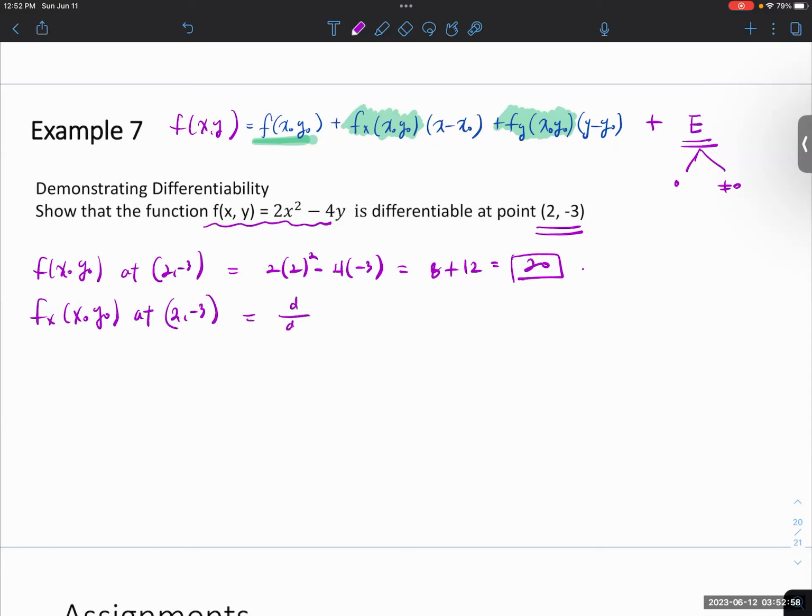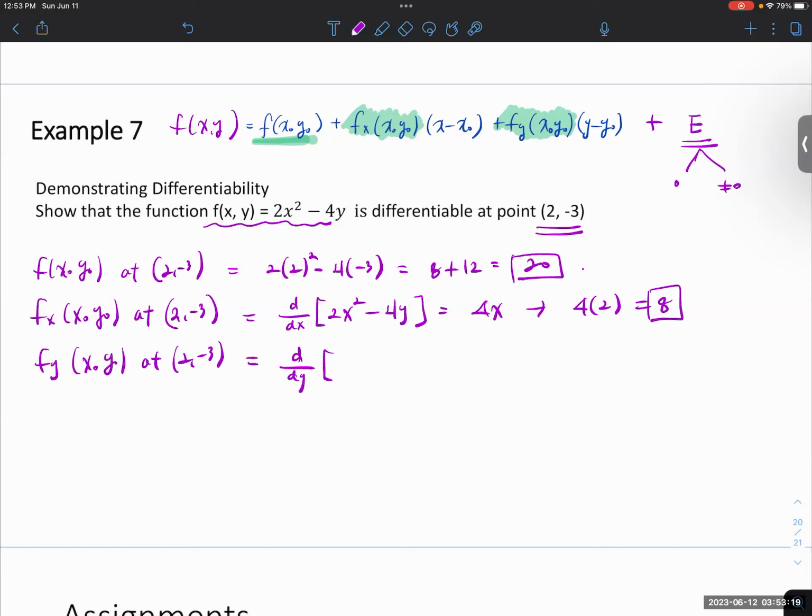So d over dx of 2x squared minus 4xy, 4y, that's going to be constant. So 4 times 2, you will get 8. Fy at 2 comma negative 3, d over dy this time, 2x squared, 4x, x is a constant. So you should get just negative 4. That's a constant. So we don't need to plug in anything. That's what it is.